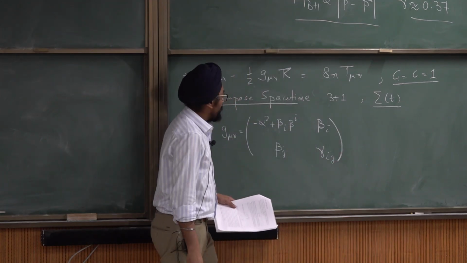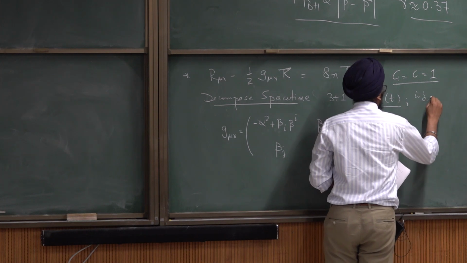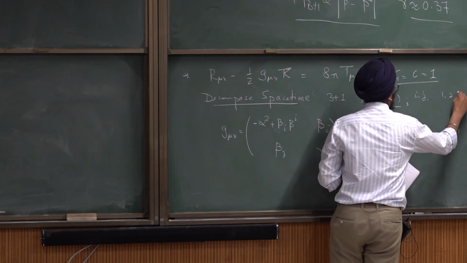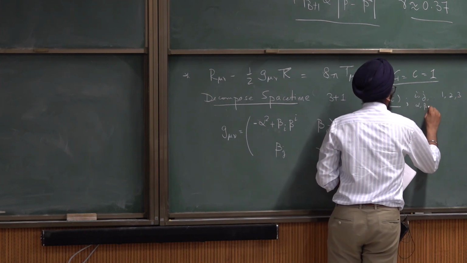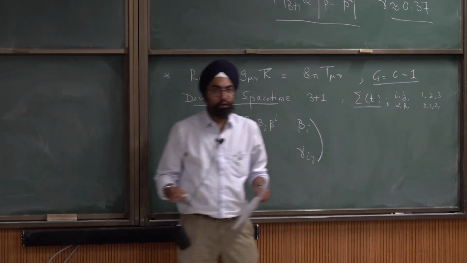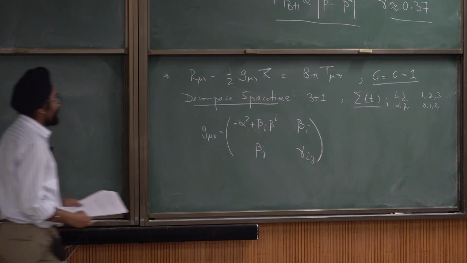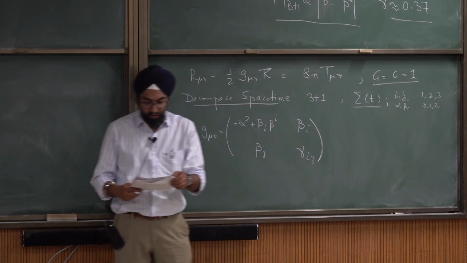The notation here is that i and j go from 1 to 3, while alpha and beta go from 0, 1, 2, 3. It's very different from what I usually follow, so it's difficult for me as well, since I usually flip the two.